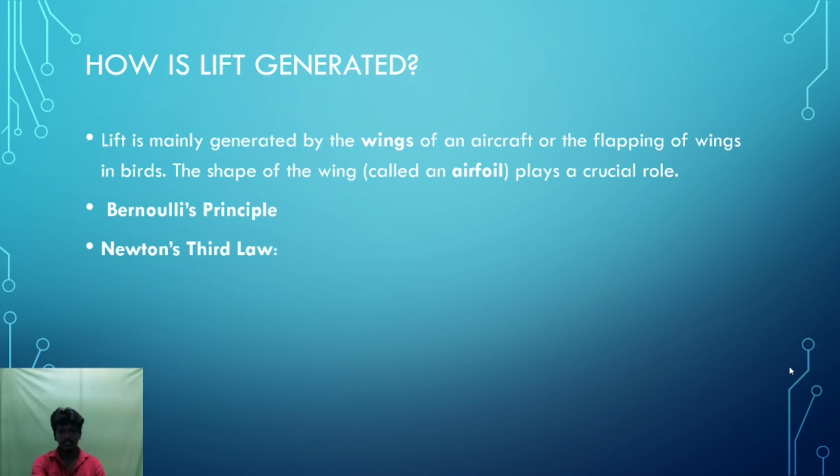We will see these topics later. The shape of the wing is called an airfoil. It plays a crucial role and follows two principles: one is Bernoulli's principle and the second is Newton's third law. We know about Newton's third law.